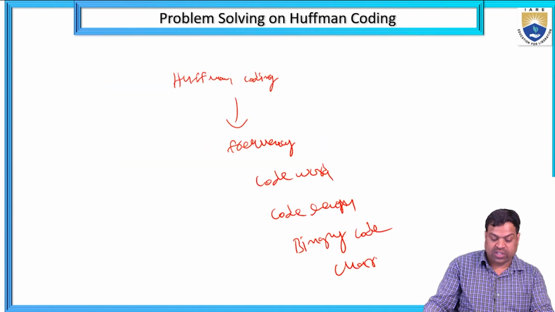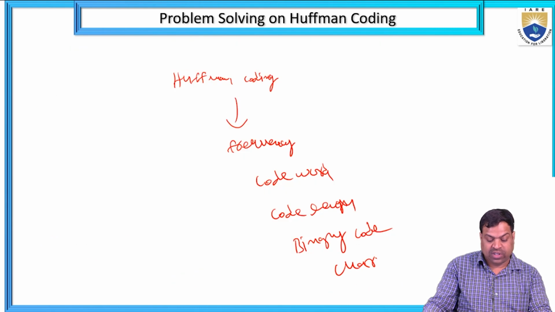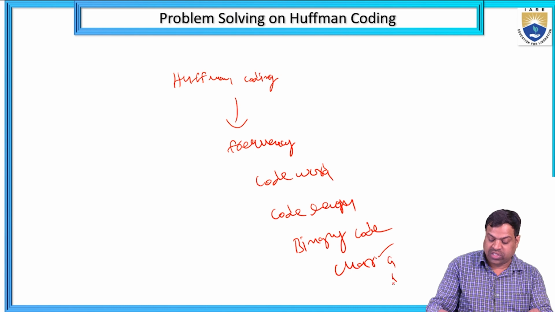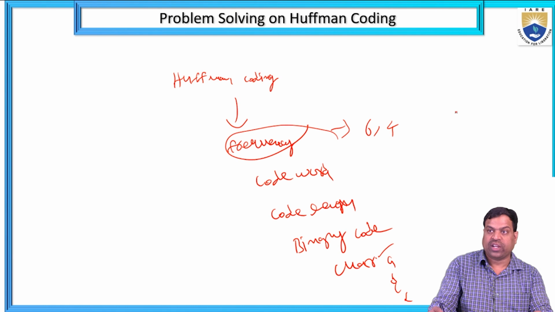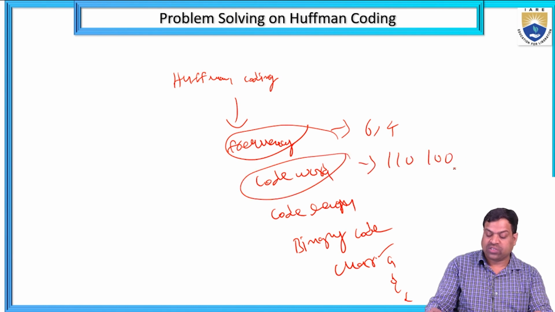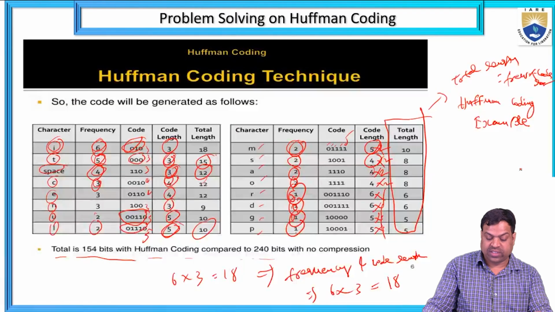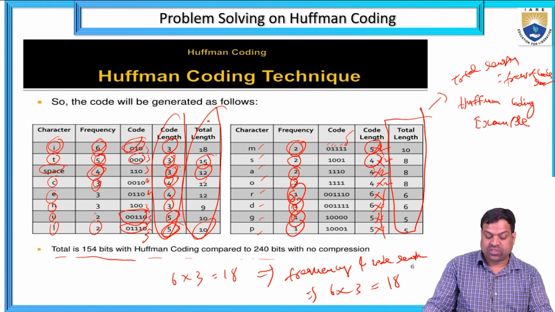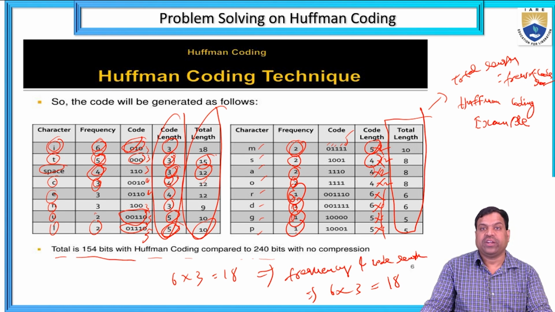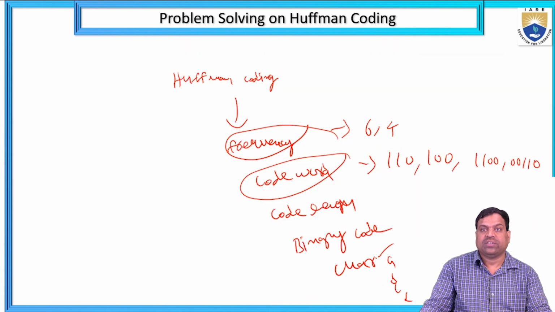These are the important ones. The character means A, B, C, D, and the frequency is numbers like 6, 4, 3. The code word is like 110, and I am taking 3-bit, 4-bit or 5-bit. Then the code length and the total length. So it is one example of the Huffman coding technique, related to the frequency, the code length and the total length.